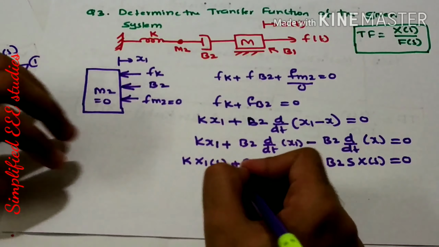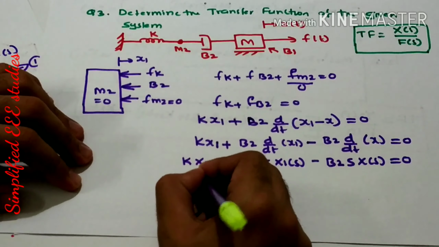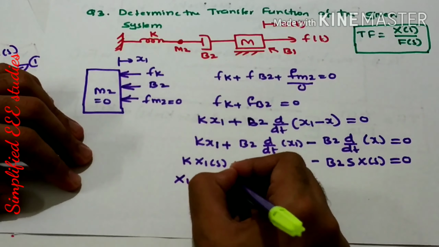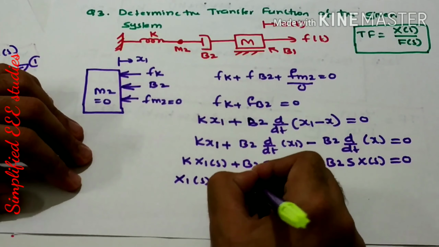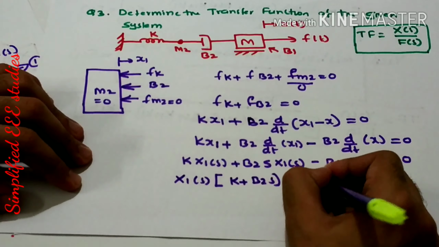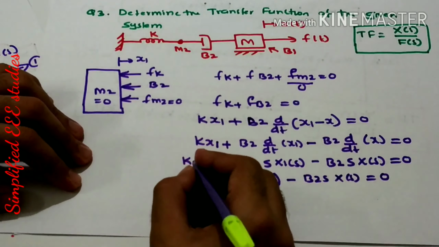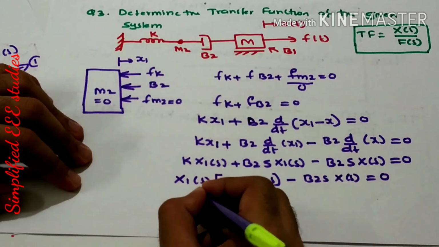So x1 of s is actually one of the odd term. So you take x1 of s outside. X1 of s into k plus b2s minus b2s into x of s, that is equal to 0. So you write the value of x1 of s.